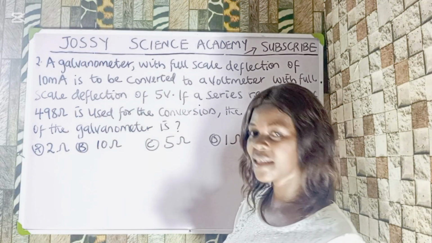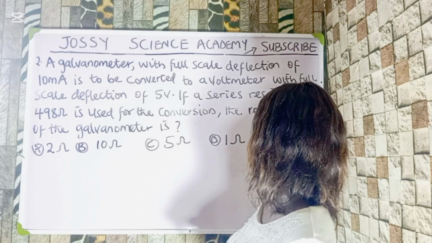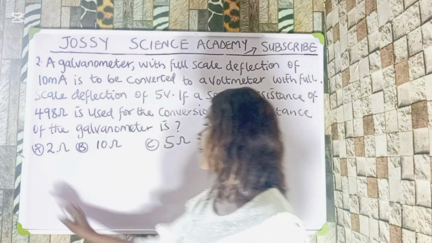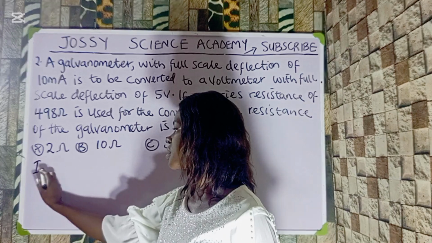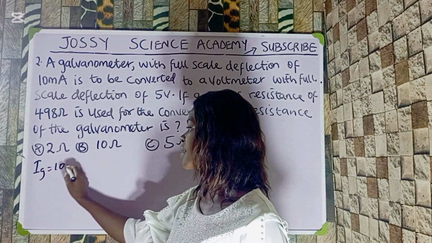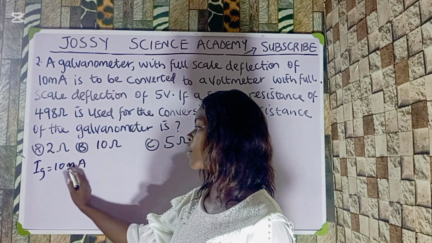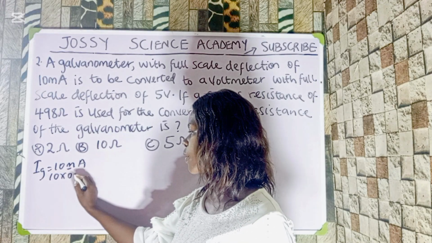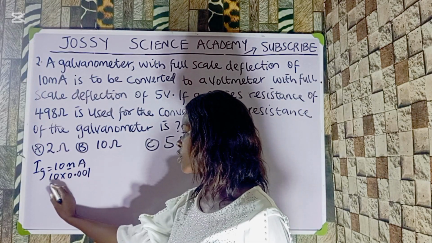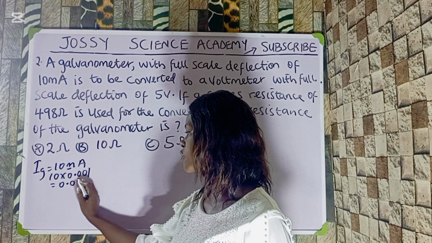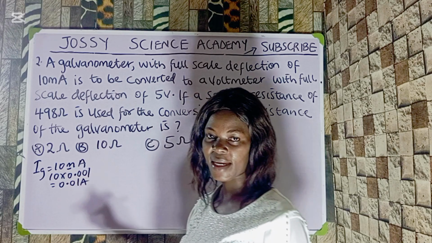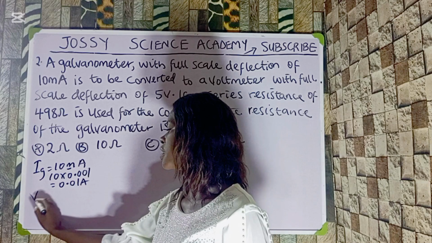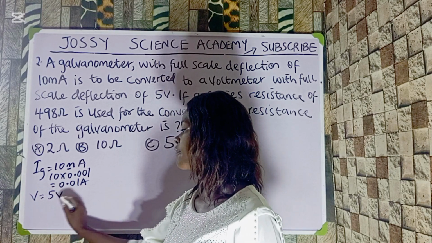Alright, so let's go. By setting our parameters, we have that the current of the galvanometer is 10 milliamperes, that is, Ig is equal to 10 milliamperes. You already know what milli is, right? Now this is 10 times 0.001, which will give me 0.01 amperes. Is that clear? Now from the question, we have the V of 5 volts.